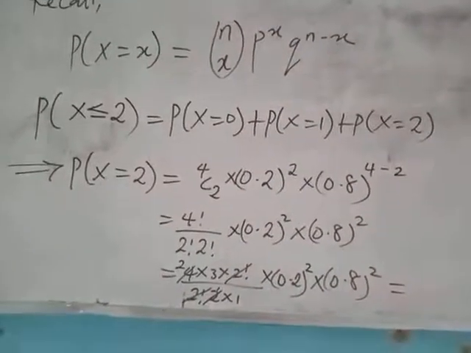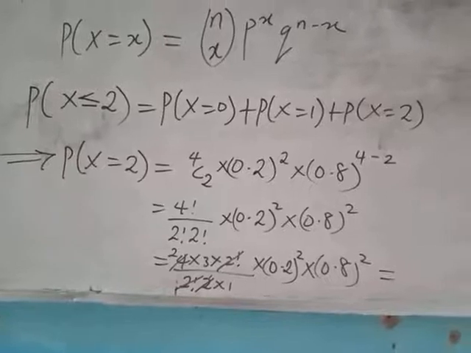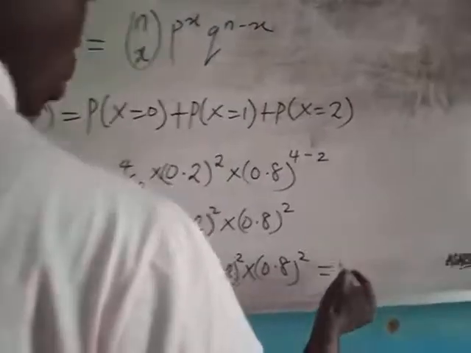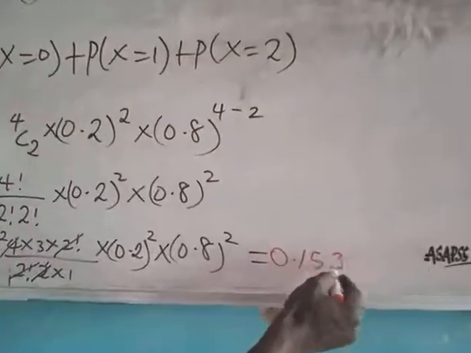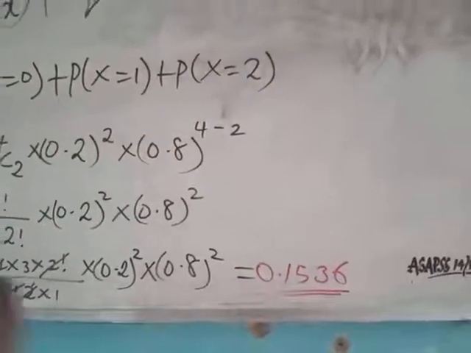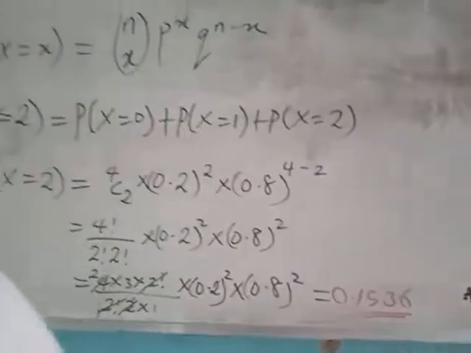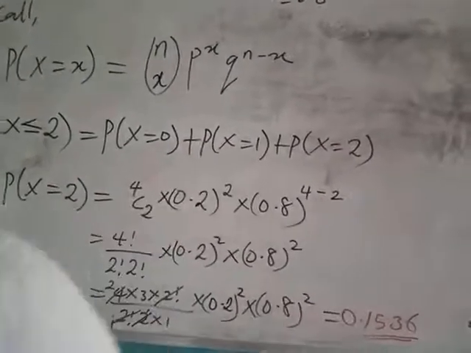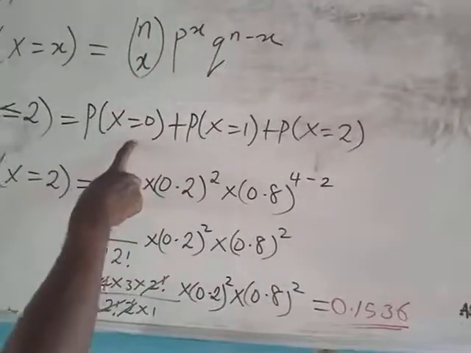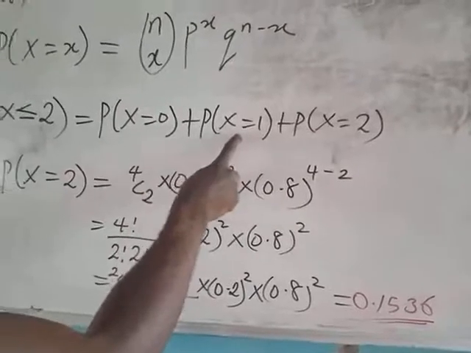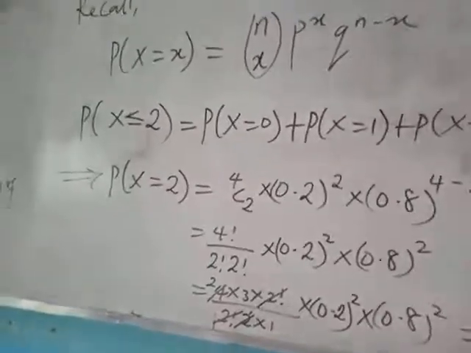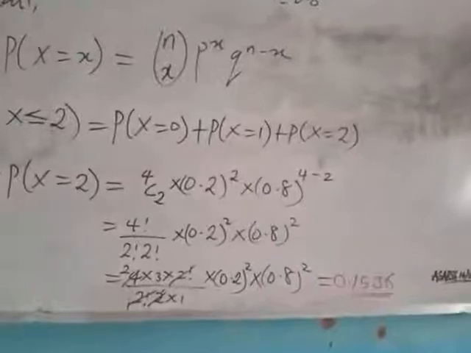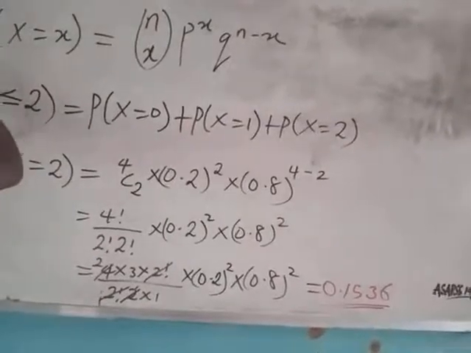The answer will be 0.1536. So we are adding everything together now. We are adding this to probability of 0 and probability of 1 in order to get probability of x less than or equal to 2. Let's do that.